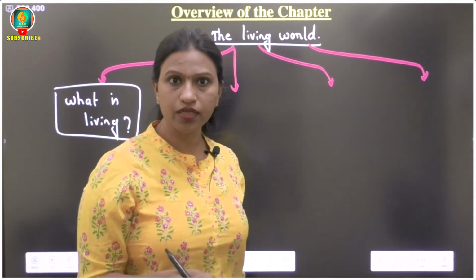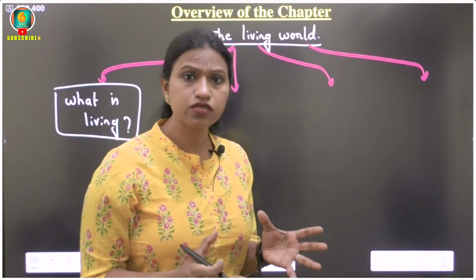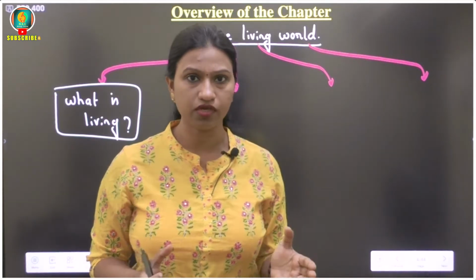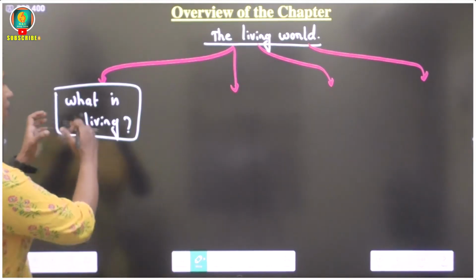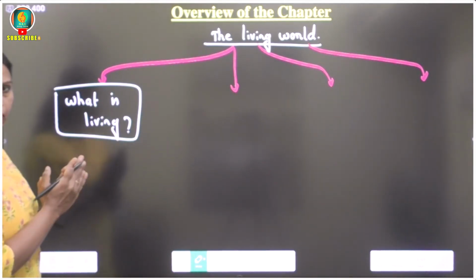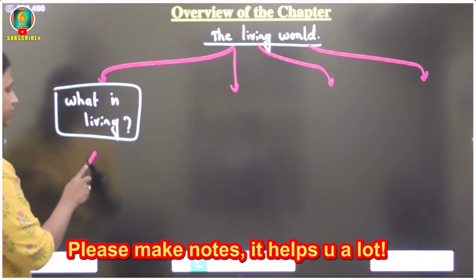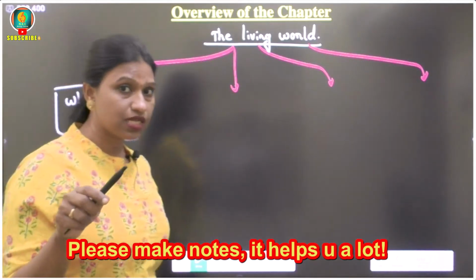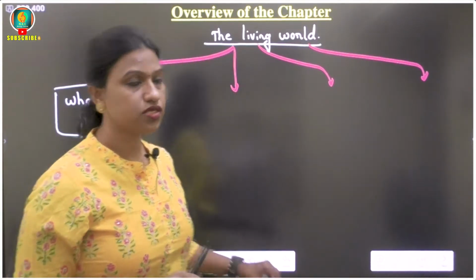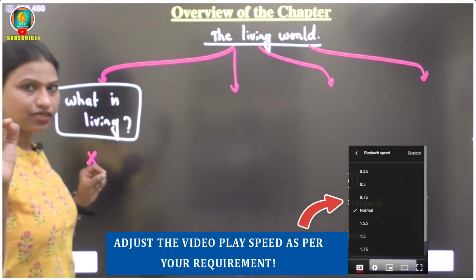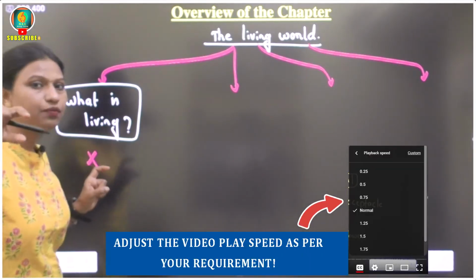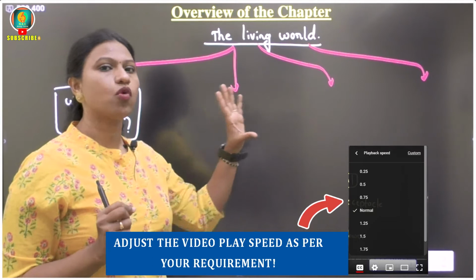Is there any property particularly for these organisms to say that you are living, you are not living? So about that, our NCERT was giving a few pieces of information. But now this topic has been deleted. But still, the chance of asking a question from this topic is a bit high. So therefore, let us understand in brief, not in detail, what is living.